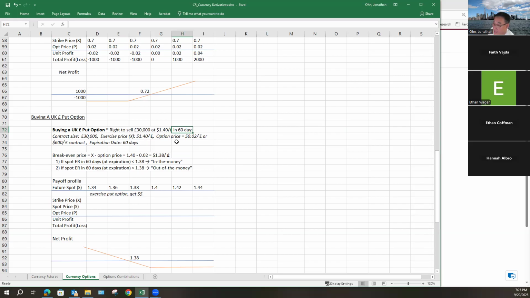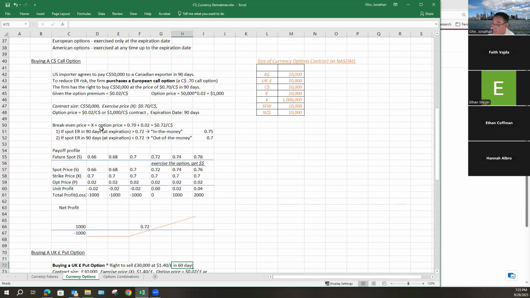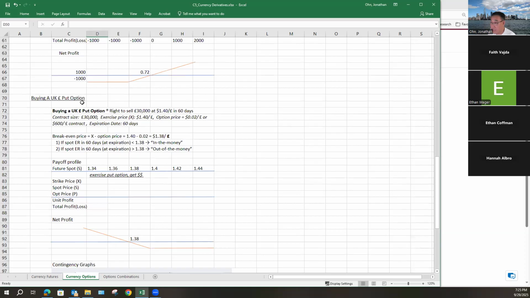So, okay, let's analyze this one here. Break-even price. See that? Option price. For a call, the option price is paid when you buy, when you are in a long position. But in this case, you are in a short position. You have the right to sell.